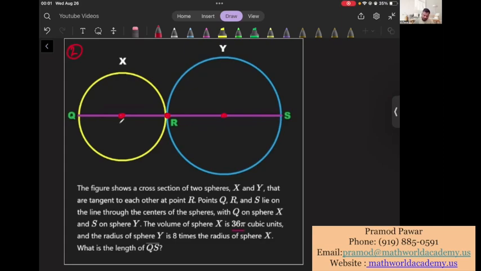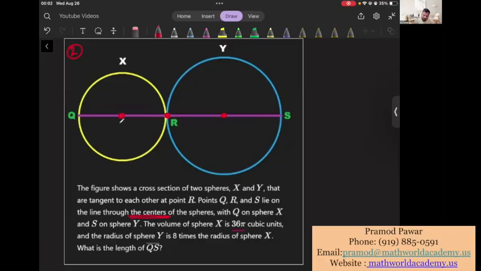Now that information is very crucial. This is your keyword, because the line passing through the center is going to become a tangent or the radius. That's why that information is very crucial. Then the question gives you the volume information.